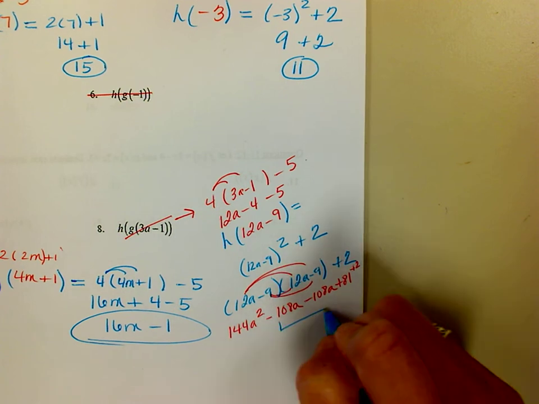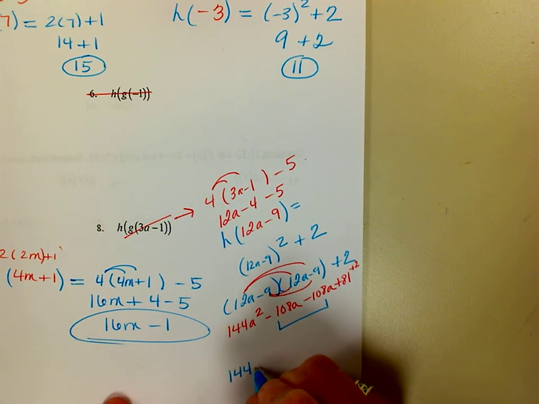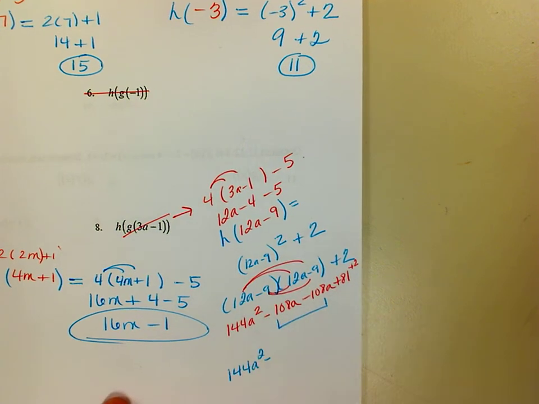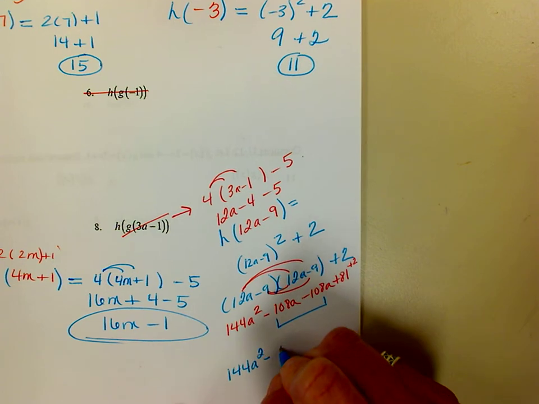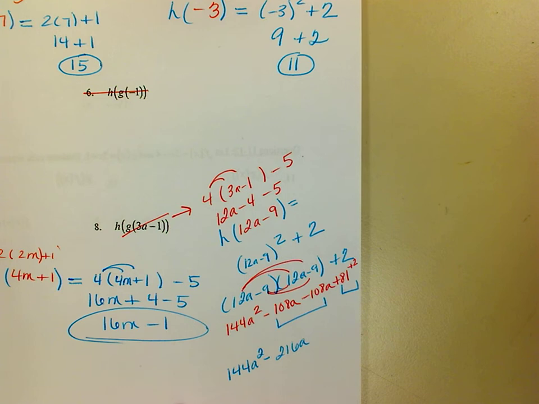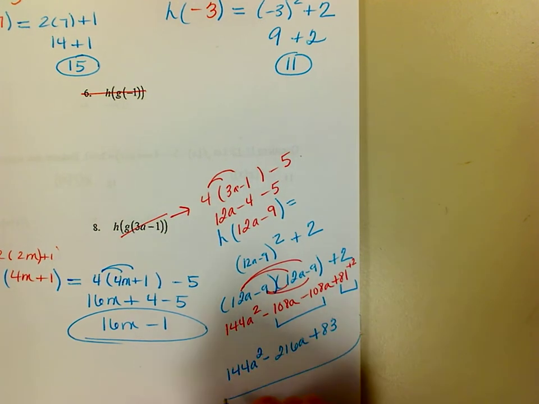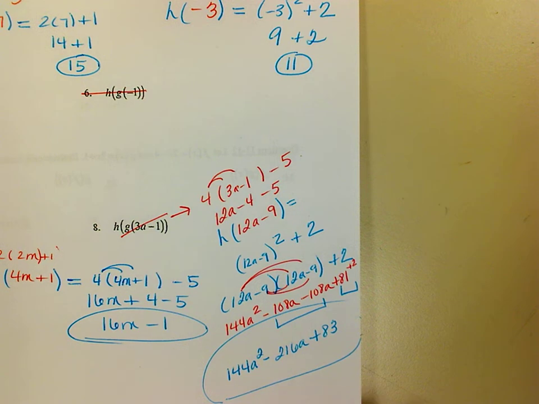Okay, now I'm going to combine like terms. So 144a squared minus 216a, and then I got to combine those two together to get plus 83. So that's my answer to number 8.